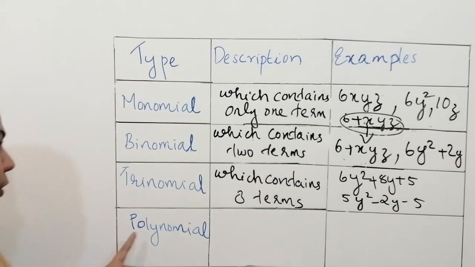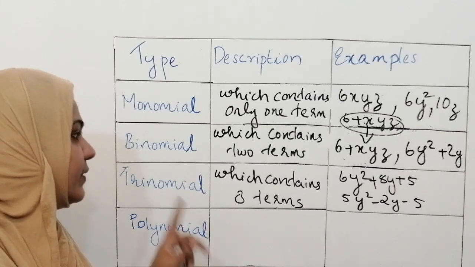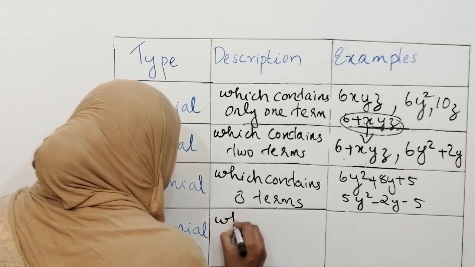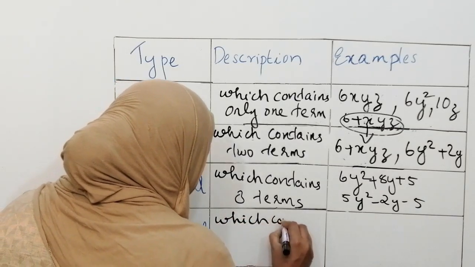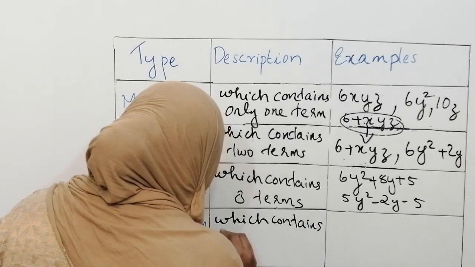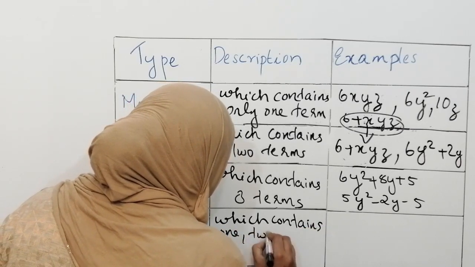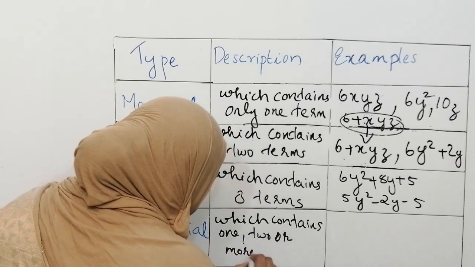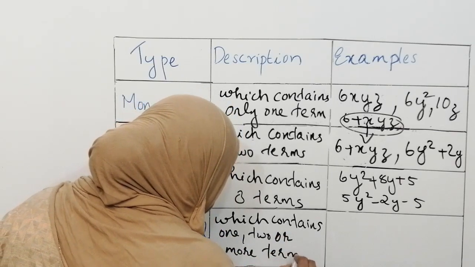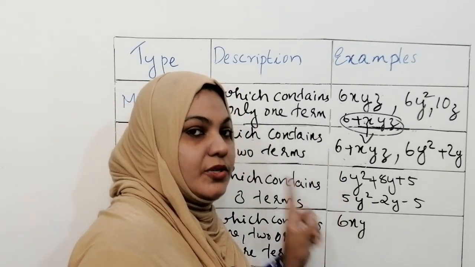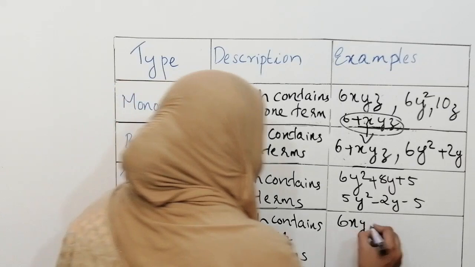So next one is polynomial. Here you can see it contains 1, 2, 3 or more terms. You know that 6xy is a monomial, but actually it is a polynomial also.